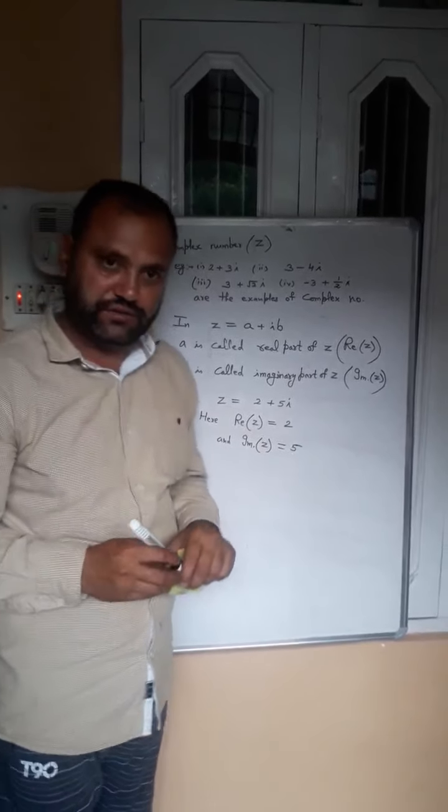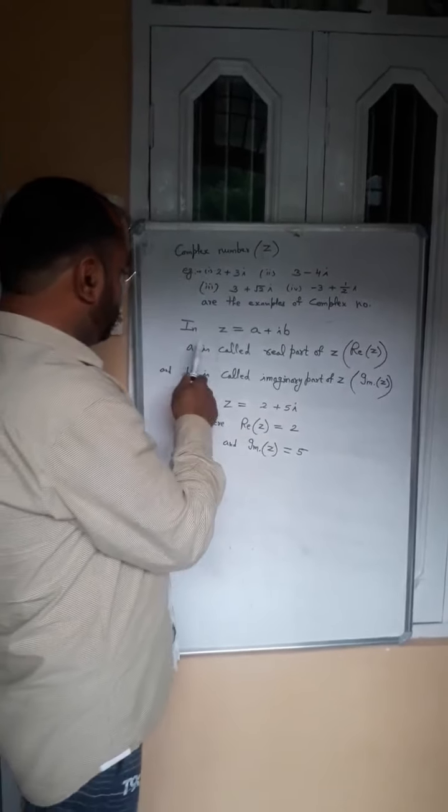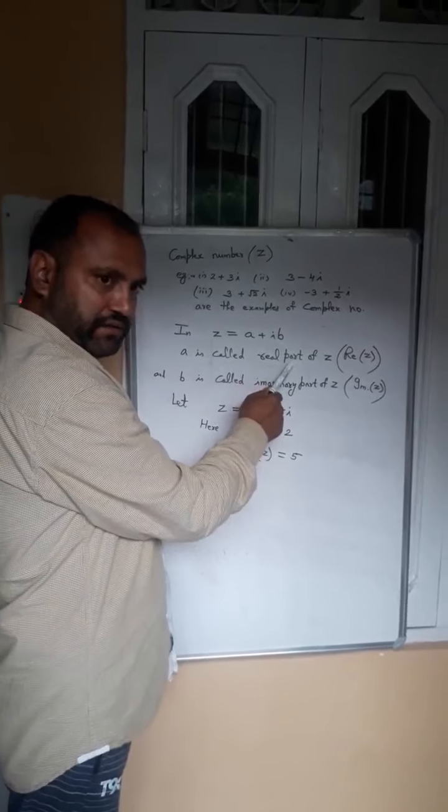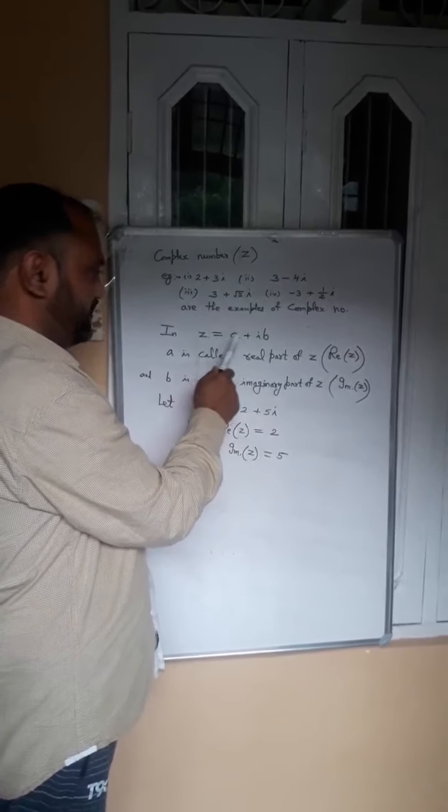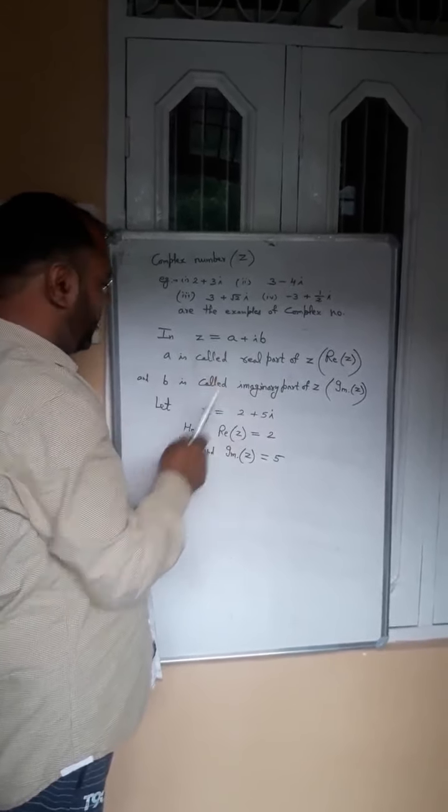So it is understood that a is called the real part of complex number z is equal to a plus iota b, and b is called the imaginary part of z, right?